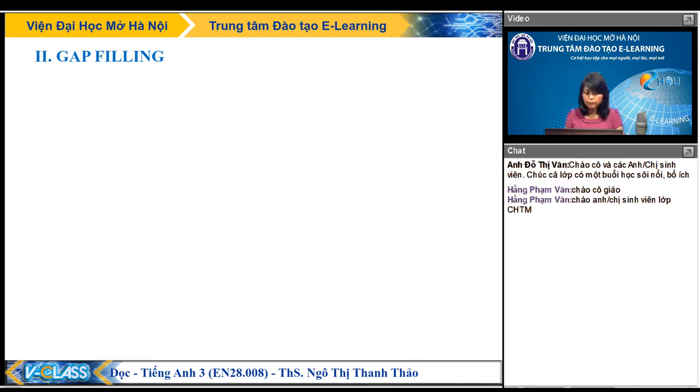Our second main part of the lesson today is how to deal with the gap filling exercise. So for the gap filling exercise, firstly, I'd like you to skim the text word for word to find the main idea. Next one, read the sentence with the missing word carefully.